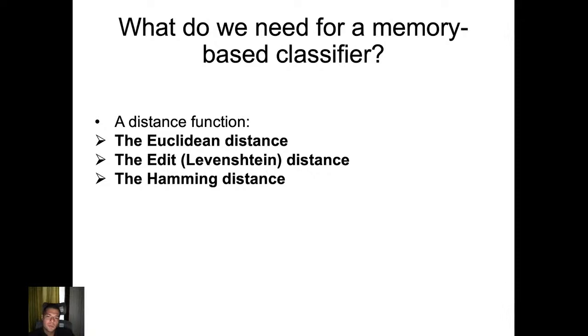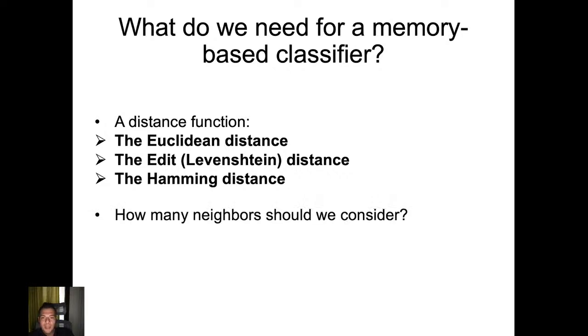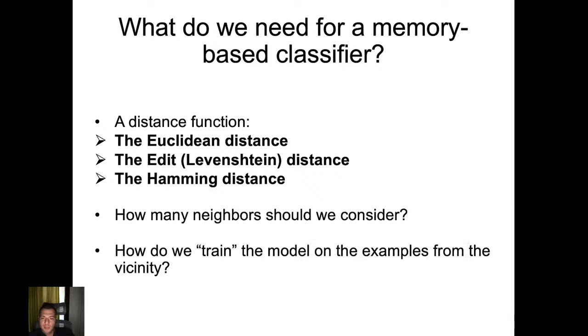But for different or more specific applications, we can use different distance functions. Another thing to consider is the number of neighbors. As you saw before, this influences the optimal trade-off between underfitting and overfitting.